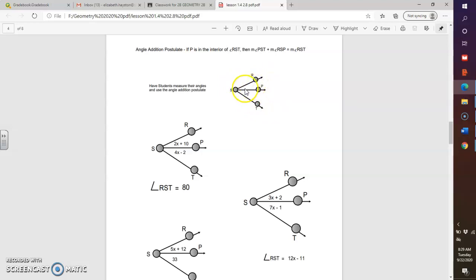Once again, it doesn't matter what their measures are. We can't assume them. We don't know what they are. But whatever they are, they have to add up to the entire angle. You can't have a piece of the angle equal the entire angle or be more than the entire angle. So RSP can't be bigger than RST. RSP plus PST has to equal the entire angle RST.